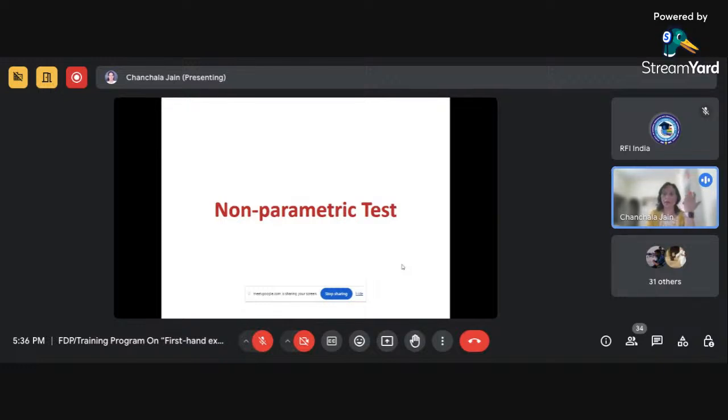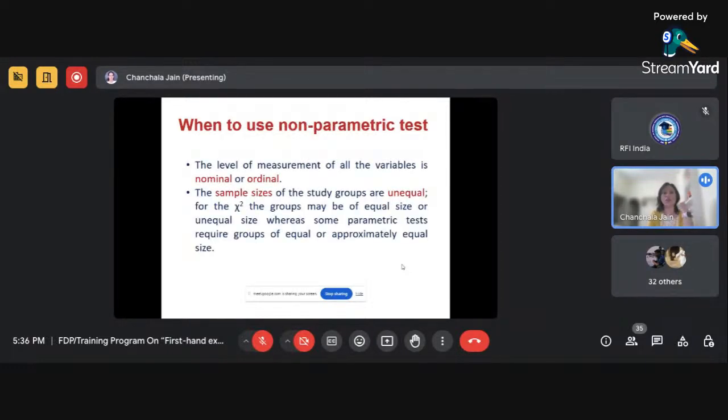I want to say one more thing. In case of a parametric test, if your assumptions are not being met, then it is generally suggested that rather than performing the parametric test, we can go for non-parametric tests, right? Generally, non-parametric tests are the tests which focus on categorical data. Categorical data means when the nature of your variables is nominal or ordinal.